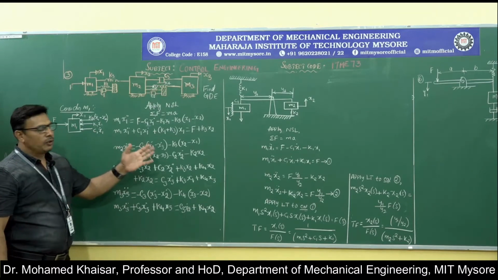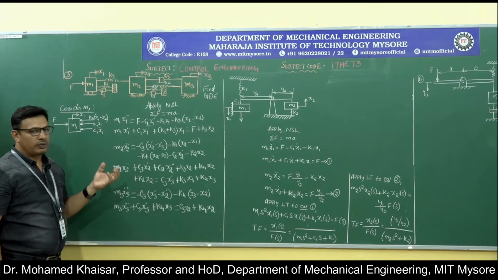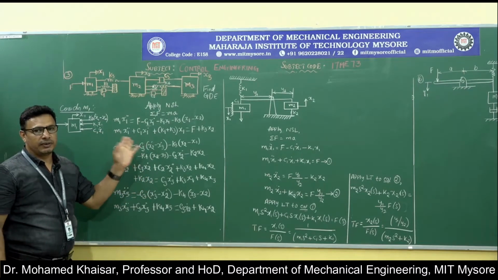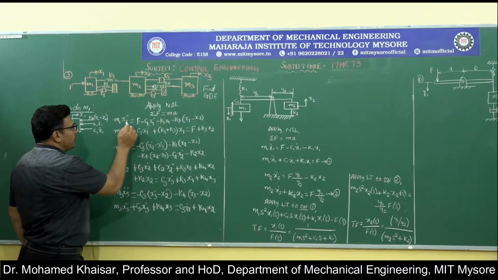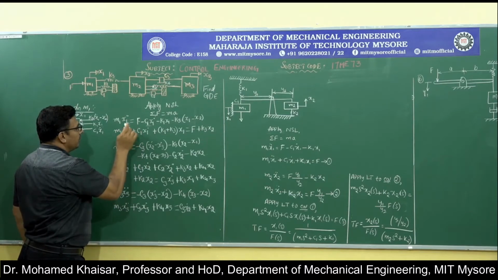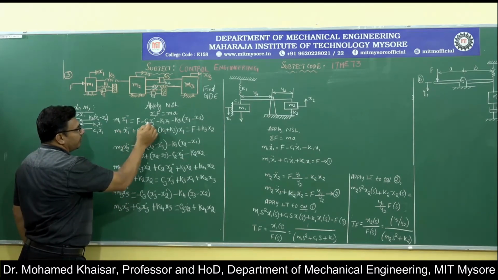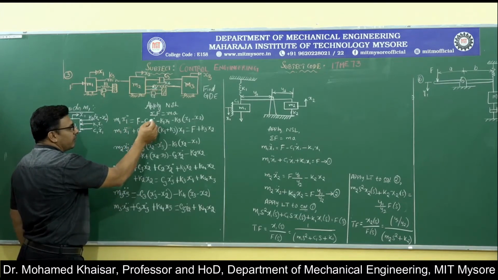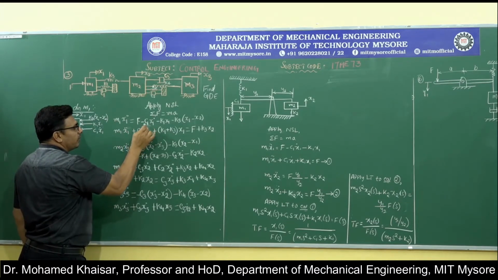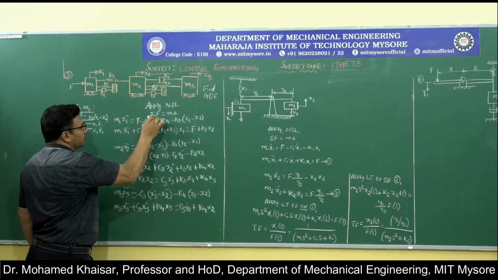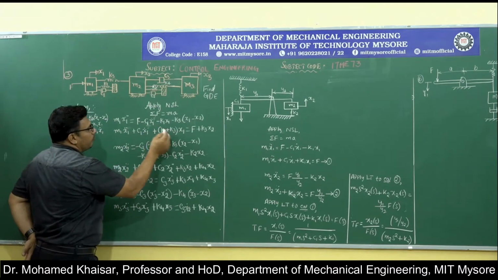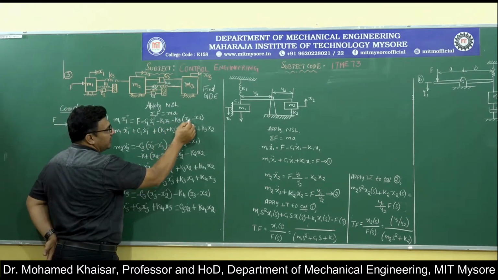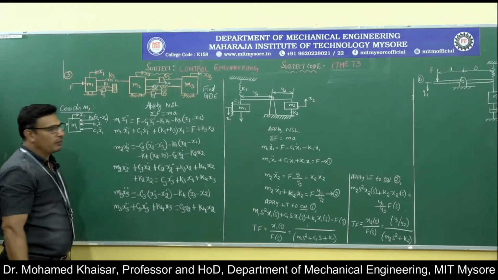Now, it is just about pulling all the x1 components onto one side and retaining the rest of the equation on the other side. So, m1 x1 double dot plus C1 x1 dot, I will take it on the left hand side, see, minus C1 x1 dot becomes plus C1 x1 dot. Then plus K1 x1, see minus K1 x1 minus K3 x1, both of them are having an x1 component.